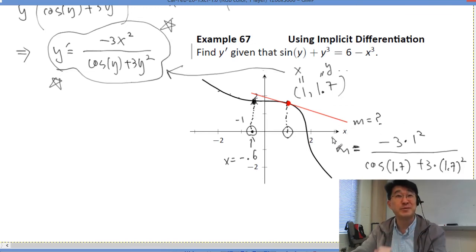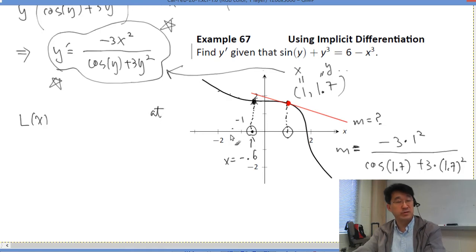F prime and F double prime, right? So this is how you calculate F prime right there. And this is a linear approximation, right? So what is a linear approximation? At linear approximation at where? What do you think? C equals 1, the x value, right? 1. What is it? 1.7. Do you see that?